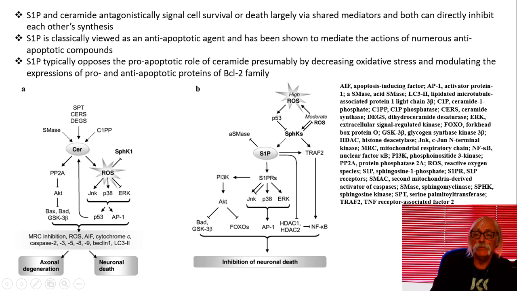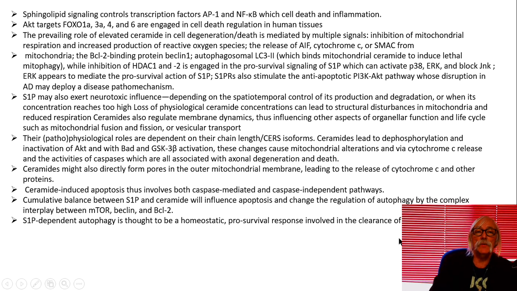So there's all the abbreviations. Sphingolipid signaling controls the transcription factors AP1 and NF-kappa B. Those are two major transcription factors in the cell, and they basically control cell death and inflammatory responses. AKT targets FOXO1, 3A, 4, and 6. They're all engaged in cell death regulation in human tissues. Okay, so you see where that links in.